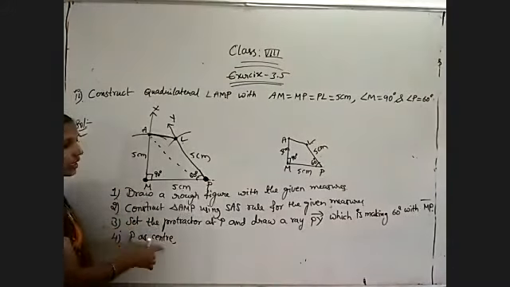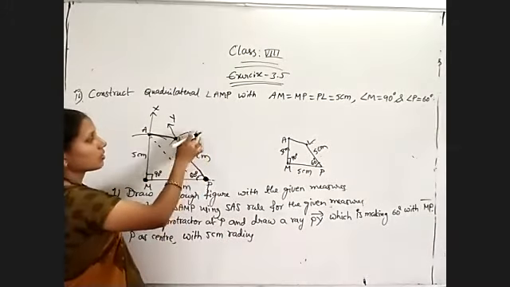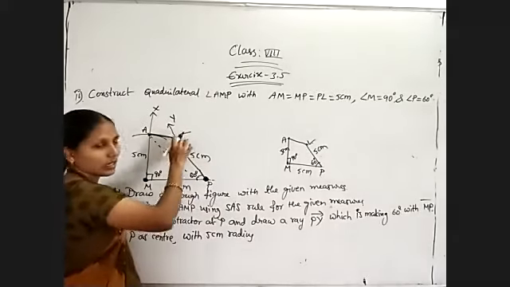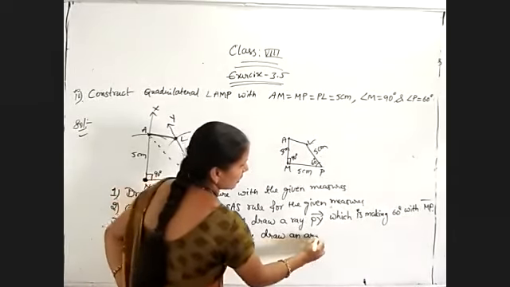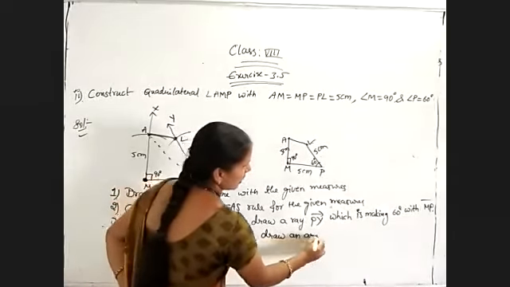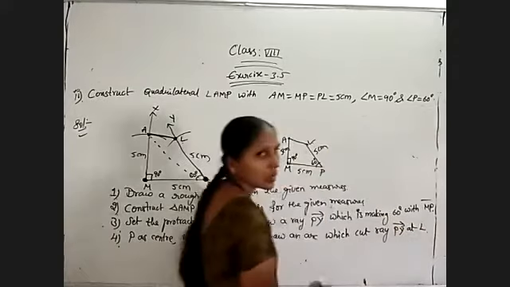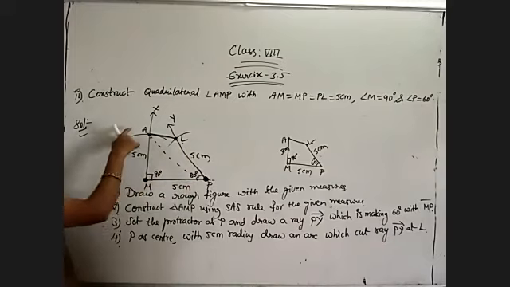Okay, P as center with 5 centimeters radius, draw an arc which cuts ray PY at L. So that's the 4 points, M, P, L, A, all we get.